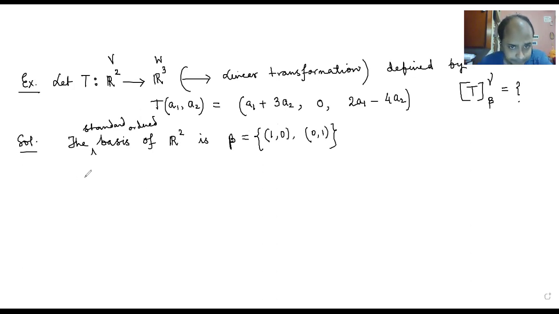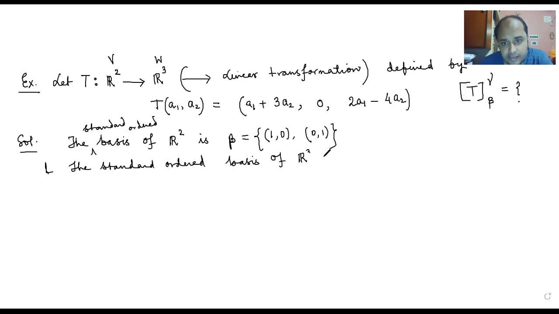And the standard ordered basis of R3 is gamma equals (1, 0, 0), (0, 1, 0), (0, 0, 1).